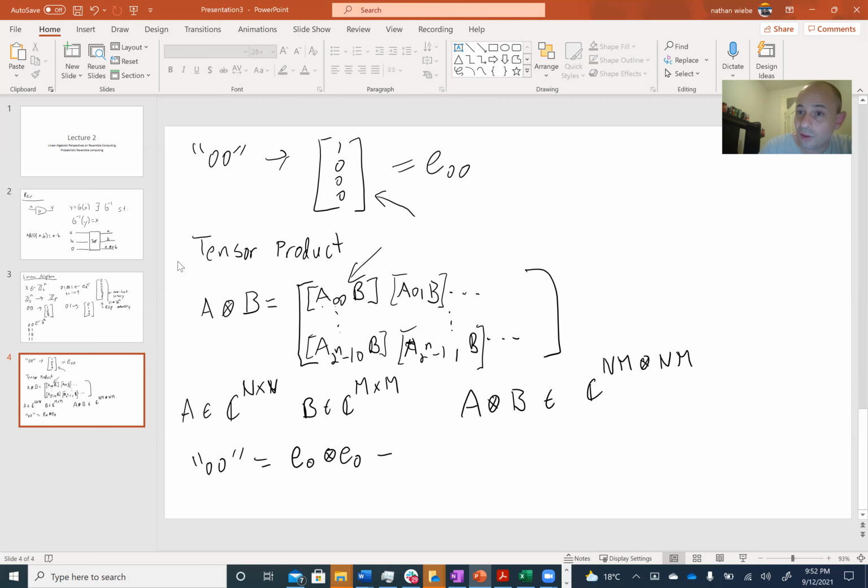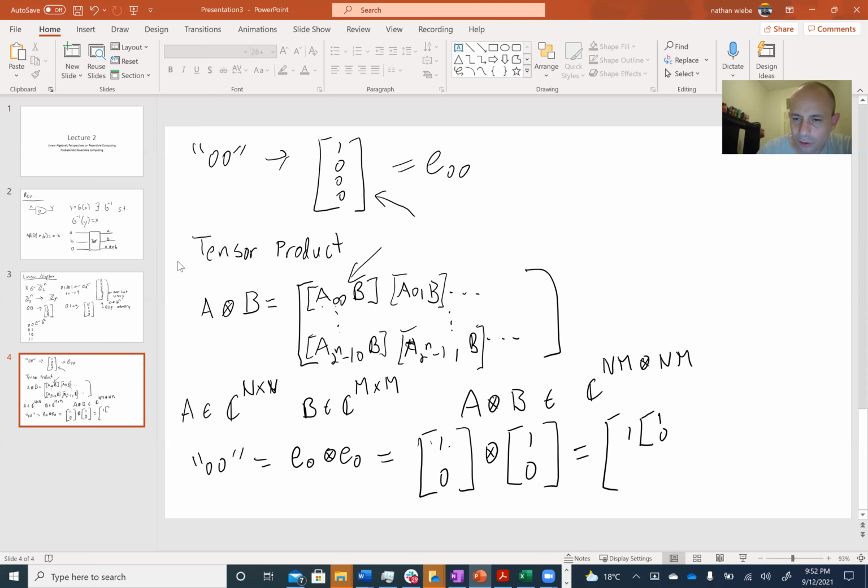Okay, now just to see this, let's expand this all out. We end up getting that this is the tensor product between those two matrices. And that, if we expand it out, is 1 from this element over here times the vector 1, 0. And then down here, it's 0, as per this rule, times 1, 0, which, of course, as established, is 1, 0, 0.